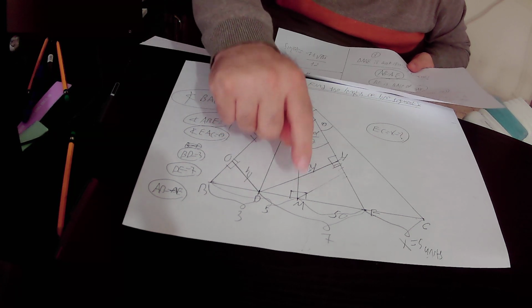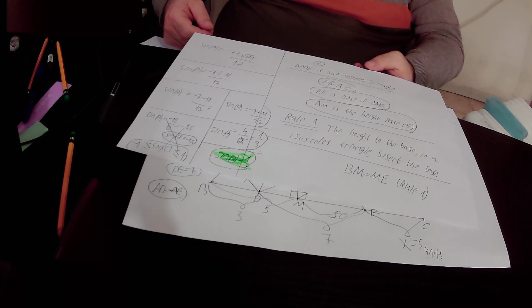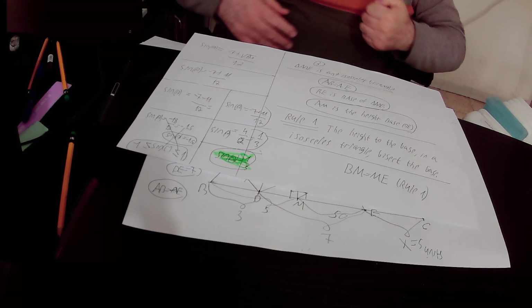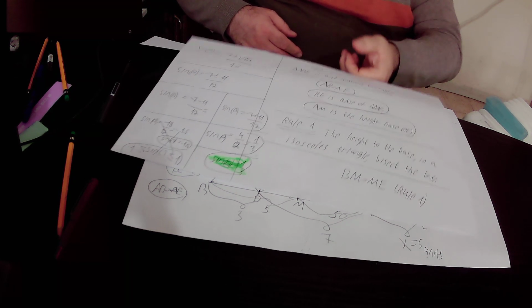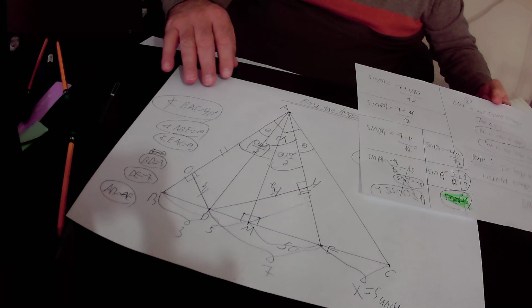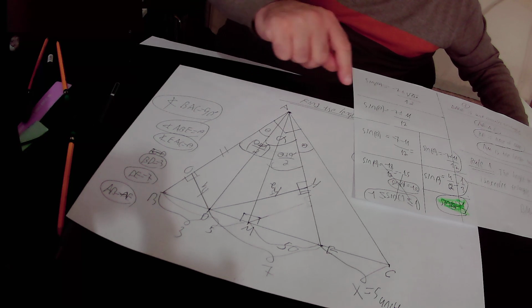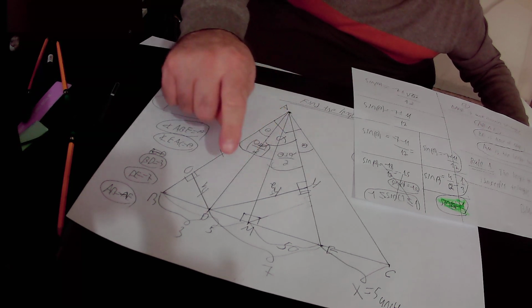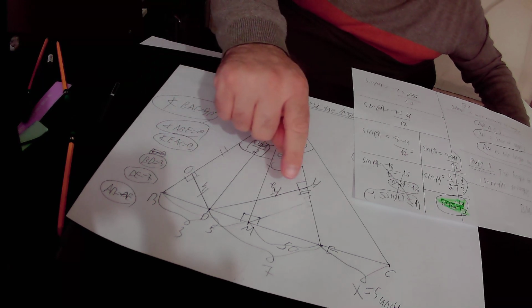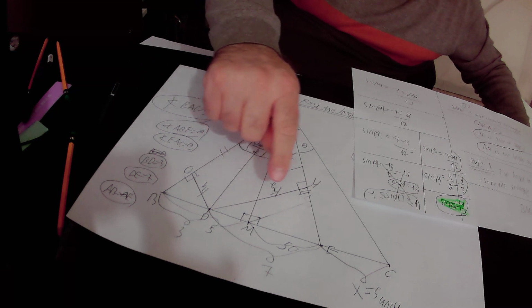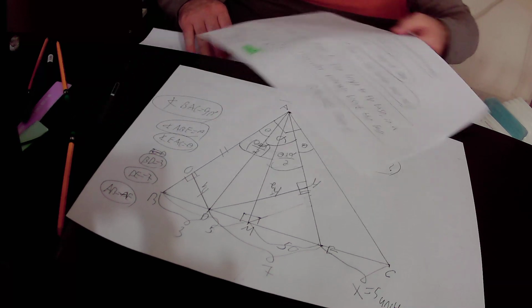And we have rule number 1, that states that the height to the base in an isosceles triangle bisects the base. According to rule number 1, the height AM divides the base BE into two equal parts. That is to say, BM will be equal to ME.